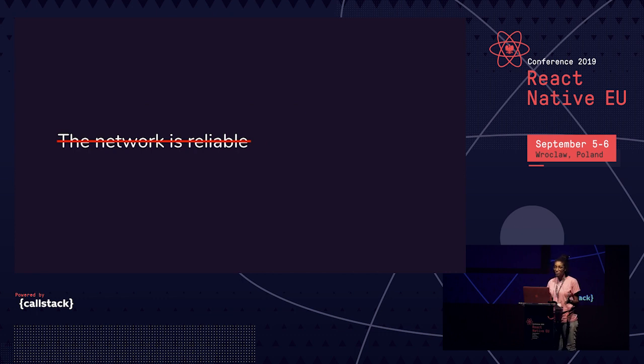And the fundamental premise for building mobile apps is to give users the ability to access information on the go. And when they're on the go, they're in a constant state of flux between great connectivity and zero connectivity. So it's our responsibility to make sure that our apps just work.